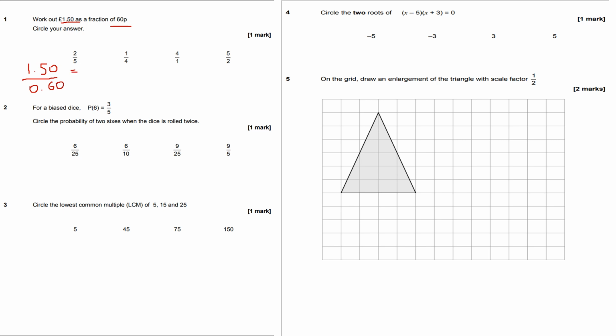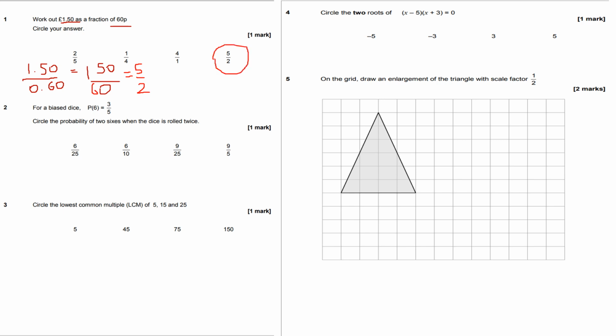I'm going to multiply top and bottom by 100, so I get 150 over 60. Now, if I ping that into my calculator, it will simplify it for me straight away, and you will get the answer of 5/2. Essentially I've divided top and bottom by 30, but of course it is a calculator paper, so please do make use of your calculator in your exam. So the answer is 5/2.